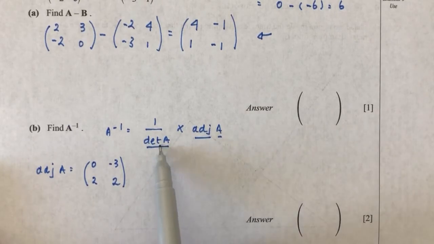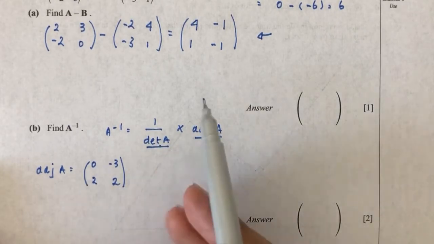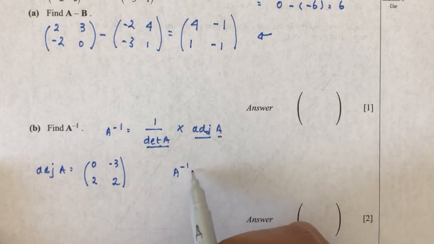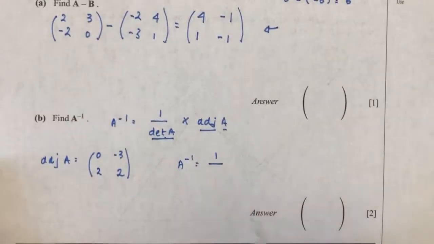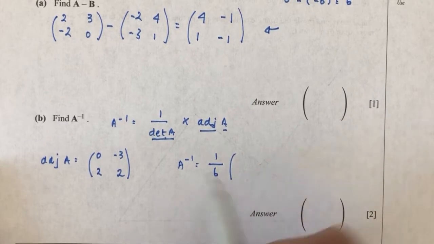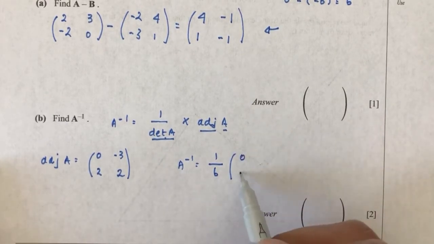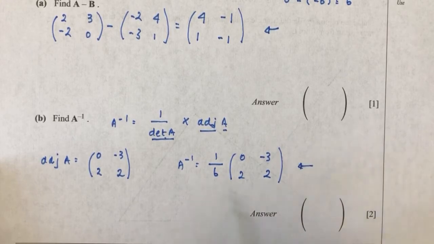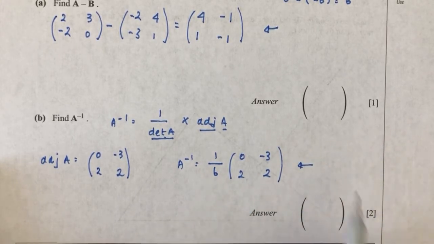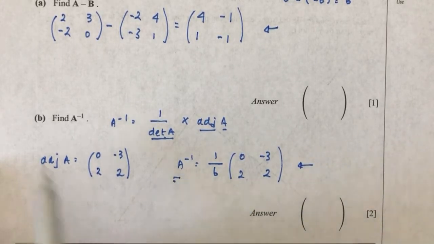Okay, so now we have those values. We just have to replace that back in. So A inverse becomes 1 over determinant of A, which is 6, 1 over 6, times this matrix, 0, 2, minus 3, 2. And you can also simplify, but that's okay as well. This will be your answer for part B.